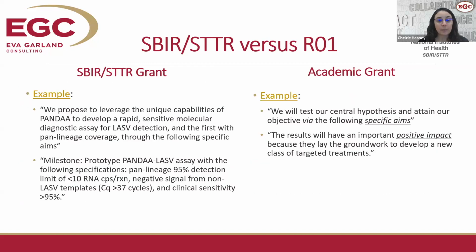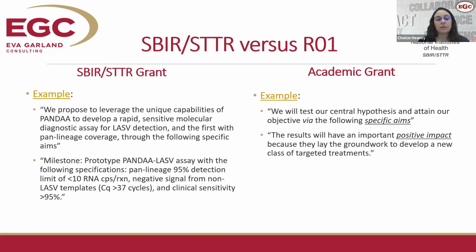And so, for example, again, we have links here to publicly available grants that NIH has published, and these are from the same agency. So on the right, we have a funded grant that has the following specific aims: to test a central hypothesis with the results to generate a positive impact towards a new class of targeted treatments.